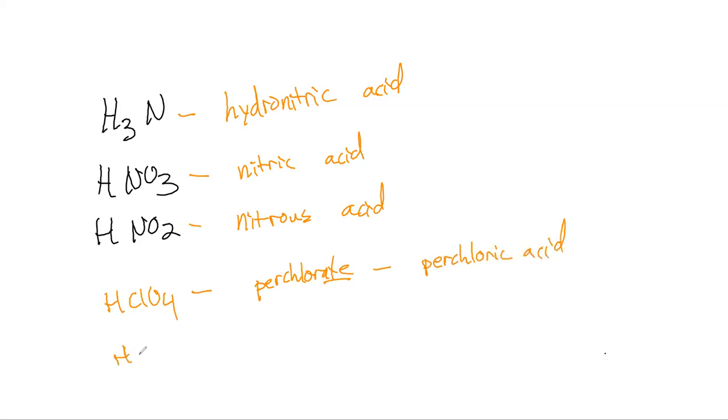Something like this, HClO, normally that's called hypochlorite. We still follow those rules. We can leave that hypo there, and this becomes hypochlorous acid. So that's how we name our acids.